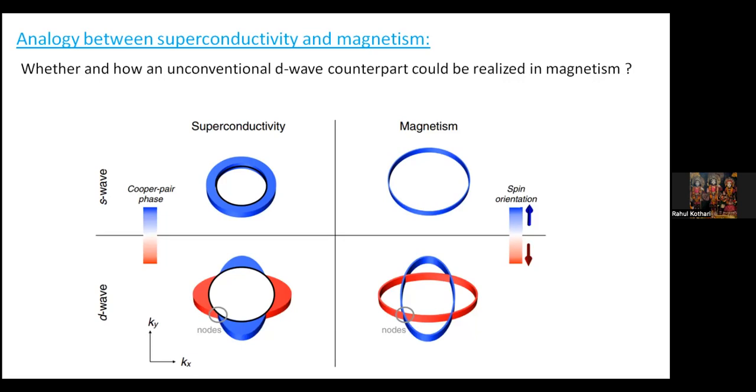Likewise, here I have shown in the picture, this is S-wave superconductivity. It is a Fermi surface representation. It is spherical in symmetry. Cooper pairs are forming a spherical geometry around the Fermi surface or gap.